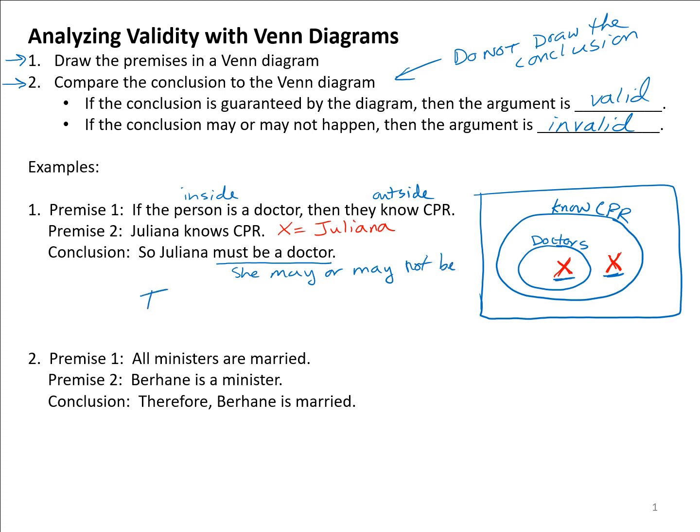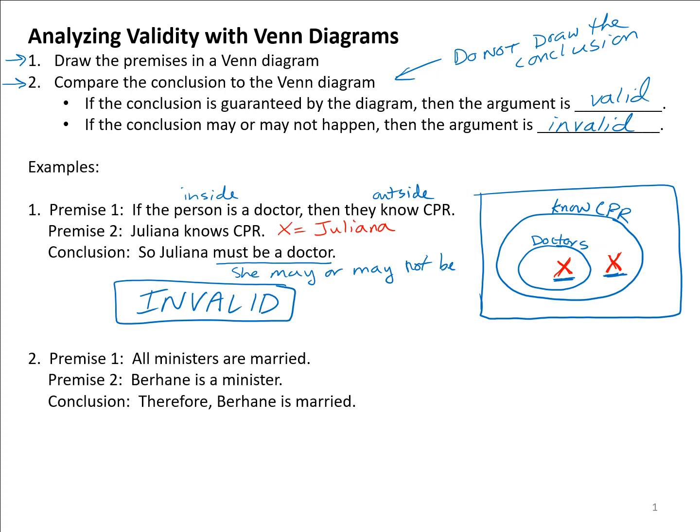So this is an invalid argument. Unless the conclusion is guaranteed, which it's not, since Juliana could be in the doctor set or outside of the doctor set, we have to say that this argument is invalid. Invalid doesn't mean that the conclusion is false, it just means you can't make that conclusion absolutely.